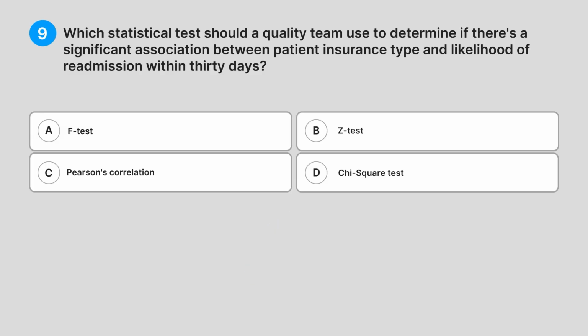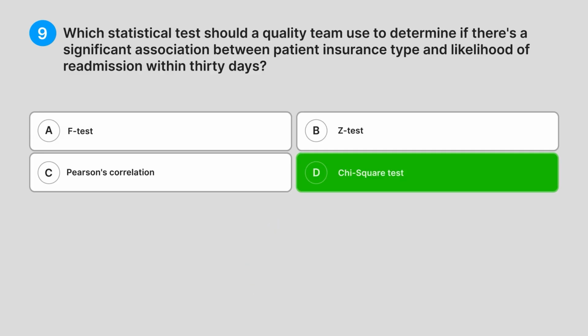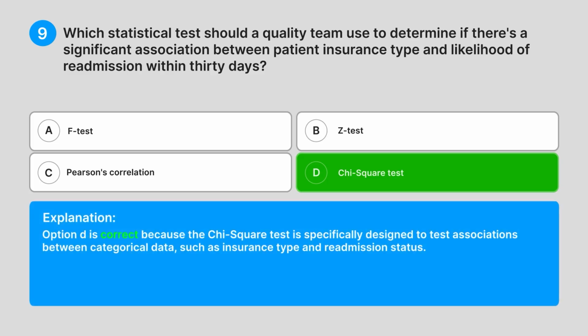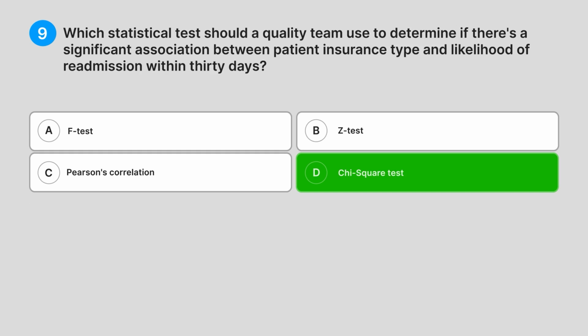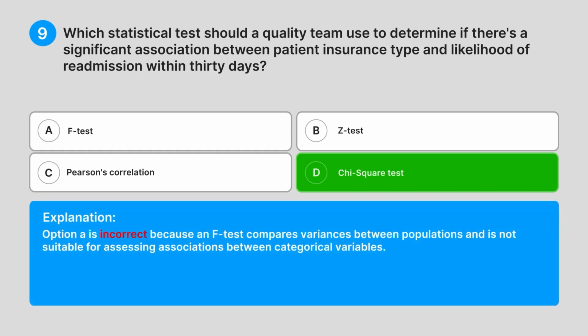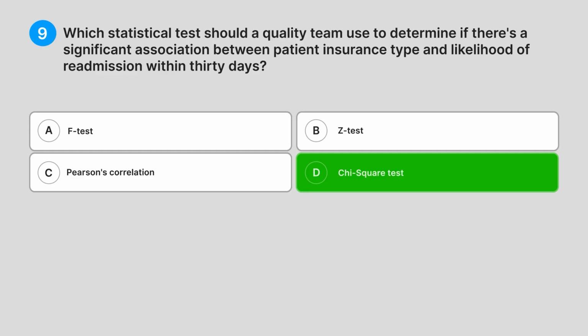Correct answer, D. Chi-square test. Explanation: option D is correct because the chi-square test is specifically designed to test associations between categorical data, such as insurance type and readmission status. Option A is incorrect because an F-test compares variances between populations and is not suitable for assessing associations between categorical variables.